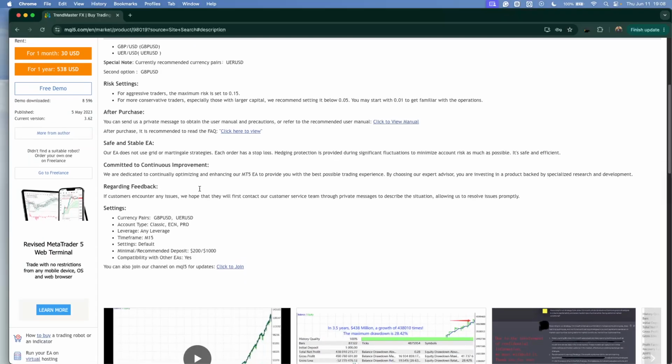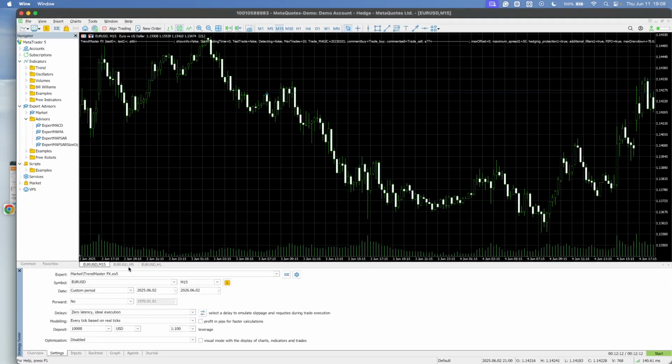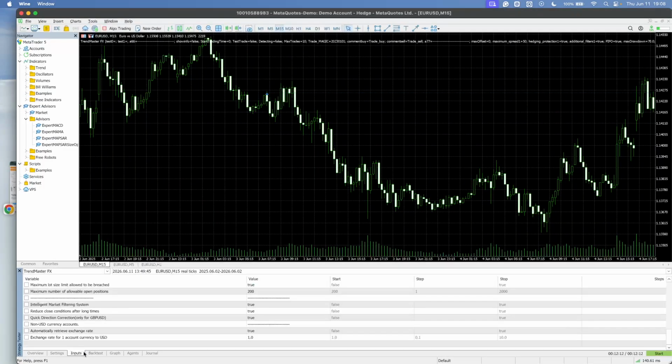Now, talking about the settings and the features they market, we have the 0.01 lot size, which is the recommended setting, and also there's up to 0.15 aggressive. Everything is here on the inputs, and also they have the intelligent market filtering system.